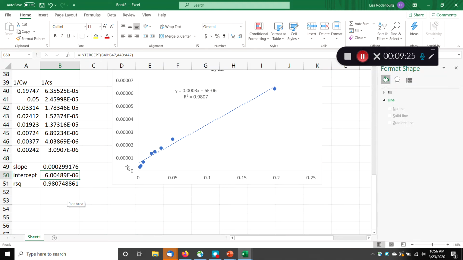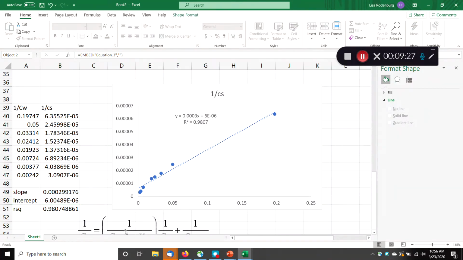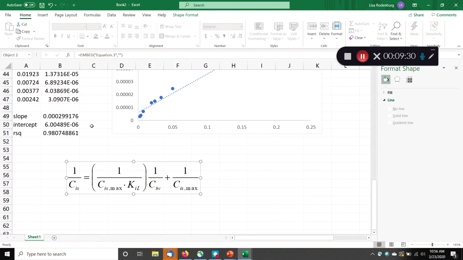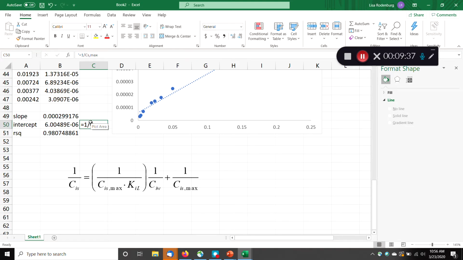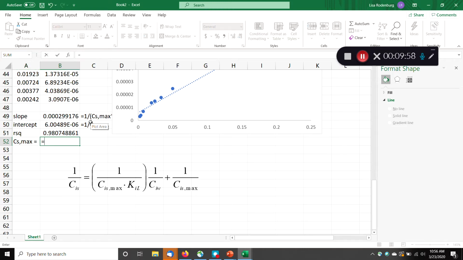My intercept is equal to 1 over CS max, and my slope is equal to 1 over CS max times KL, right? So CS,max is equal to 1 over my intercept.